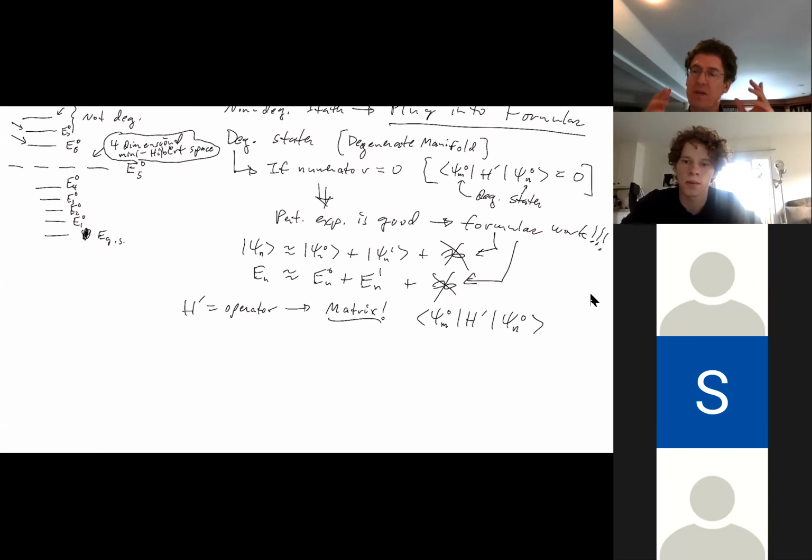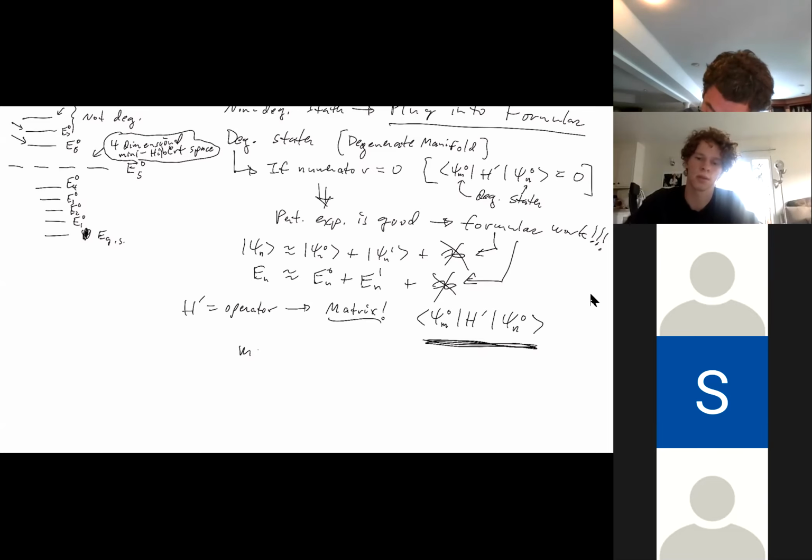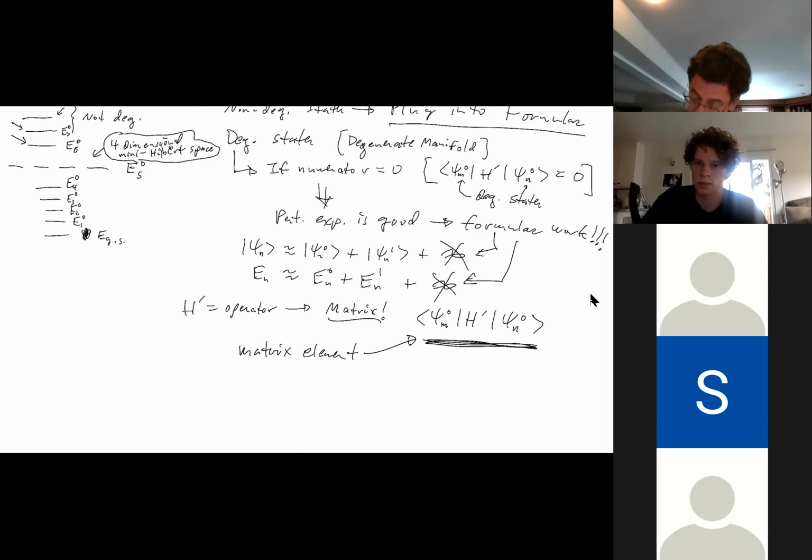If the operator is a matrix, what do we call this thing? I've been calling it the numerator, but what should I call it instead? It's the matrix element of the operator. Exactly. It's the matrix element of H prime.